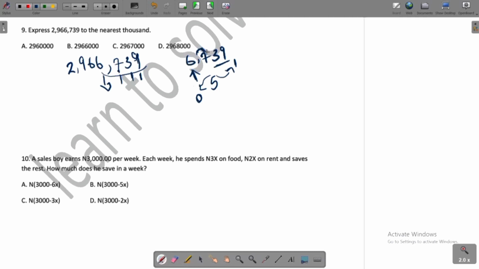Add the 0 to 6, you still have 6,000. But now you have 7, and 7 is greater than 5. We say if you have a number from 5 upward, that is 5, 6, 7, 8, 9, round up. Now you have 6,739. The 7 here will be changed to 1, and you add this 1 to this 6, you have 7,000.